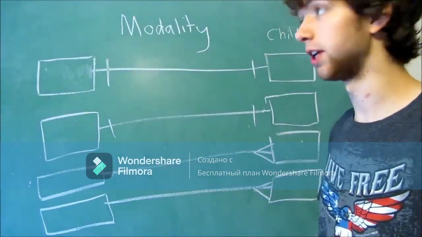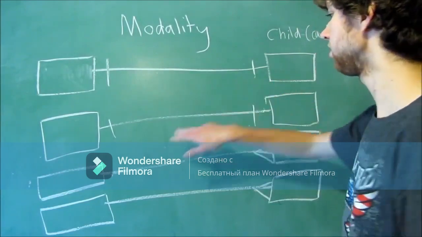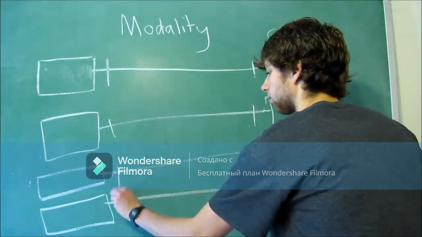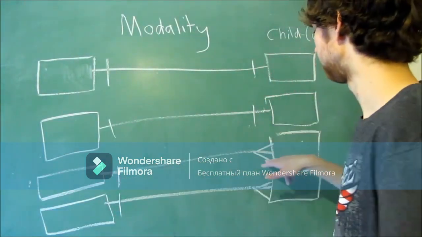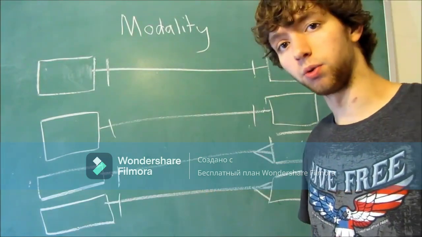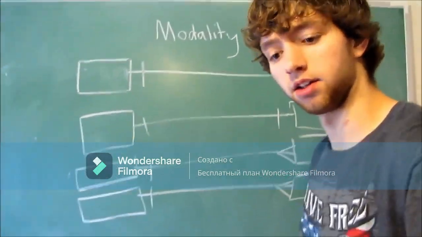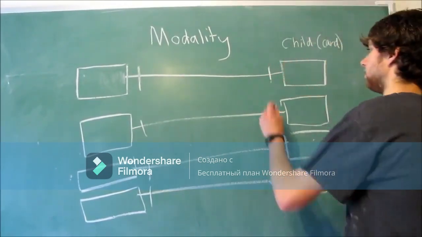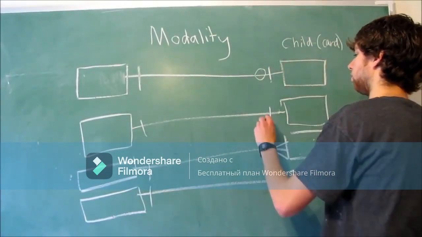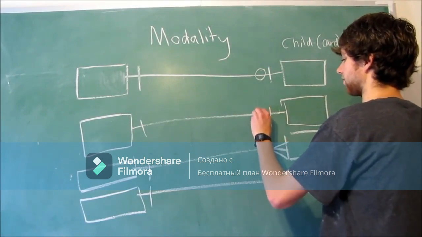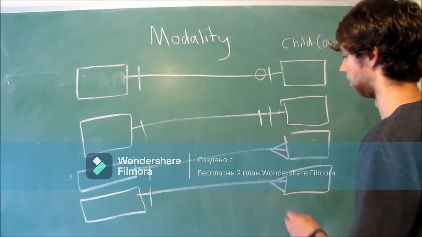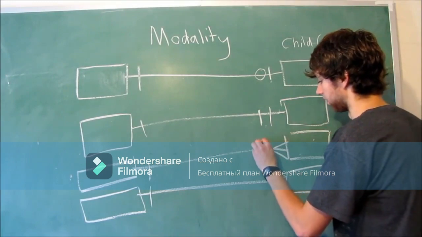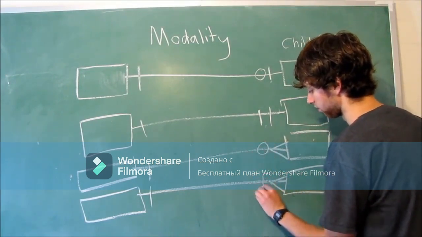So we have the possible relationships, one to one, one to many. Now, what we're going to do is we're able to add the modality in. And the way we do that is we add either a little circle or a little dash. Or you can think of it as a 0 or a 1, which actually will make sense, and you'll see why in a second. 0 or a 1.